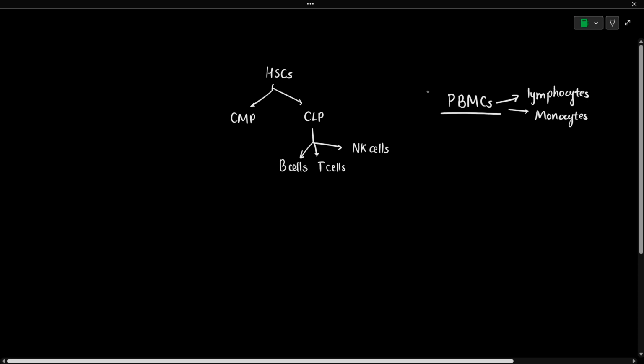The major part of PBMCs, peripheral blood mononuclear cells, are the lymphocytes. So it has B cells as well as T cells. For distinguishing B cells and T cells from the natural killer cells, we can use the morphological features, because these are agranulocytes, whereas the natural killer cells are granular in nature. That is why they are also known as granular lymphocytes, right? So we can differentiate both of them based upon the morphology.